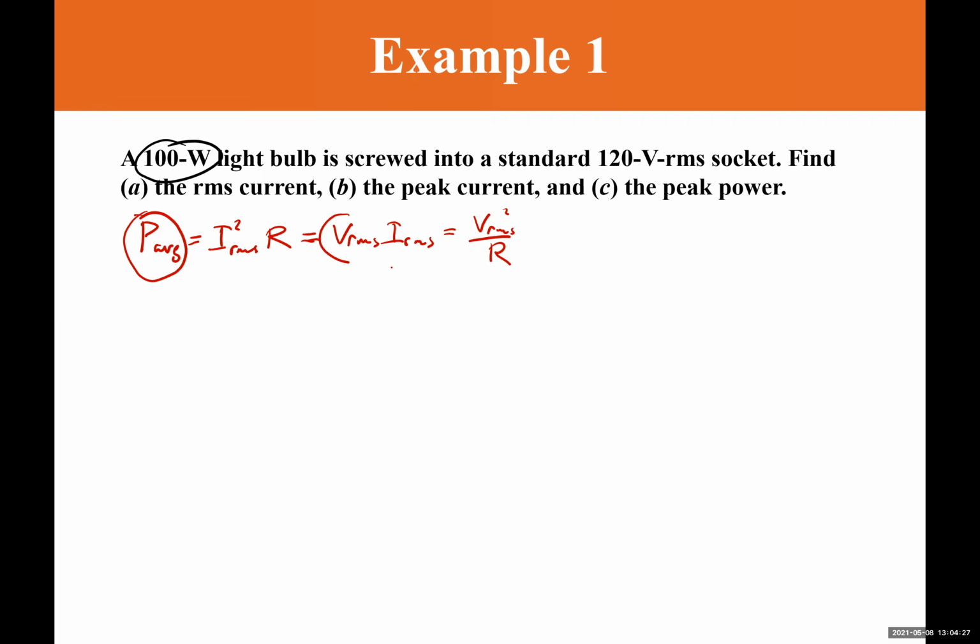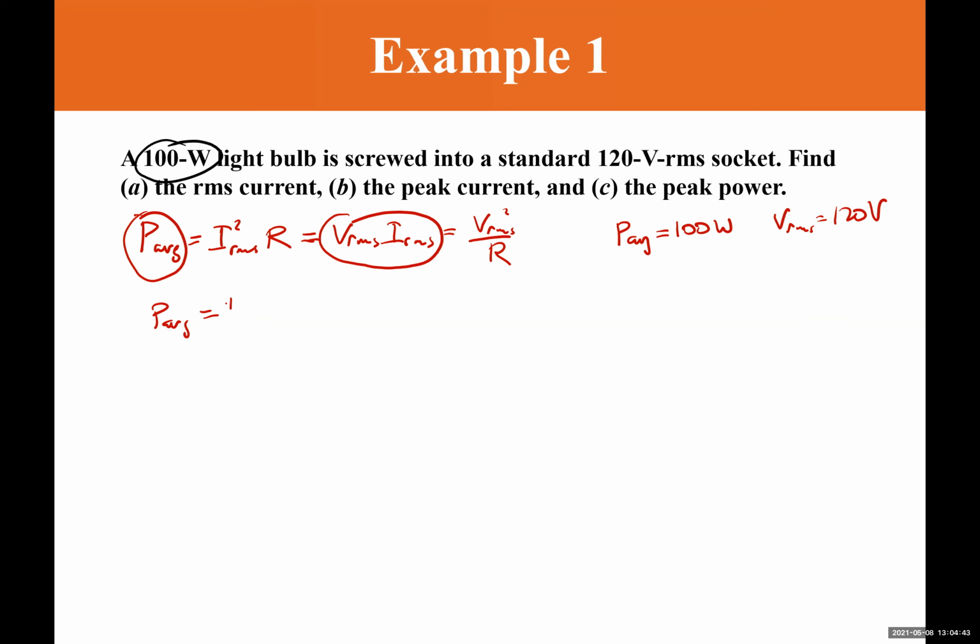Average power is related to the voltage and current with this relationship. So P average is given as 100 watts, and VRMS is given as 120 volts.